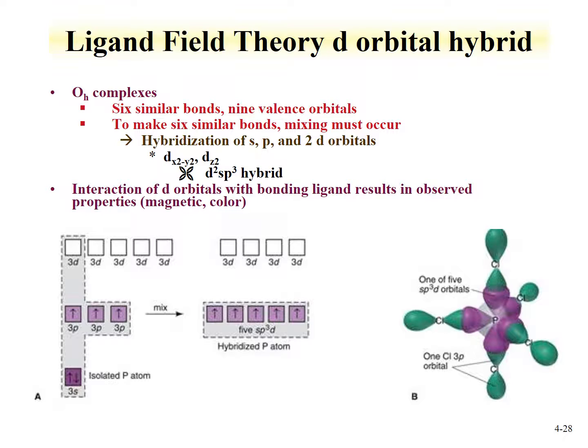So we know that we need to mix our orbitals together, and we come up with a hybridized orbital. In this case, we have 5 sp3d orbitals, which are all the same, so that this complex will have similar phosphorus-chlorine bonds.